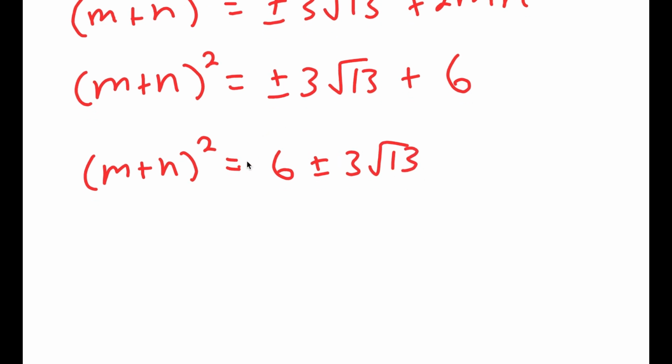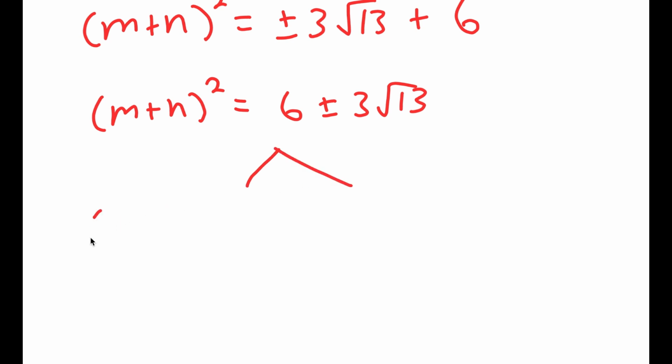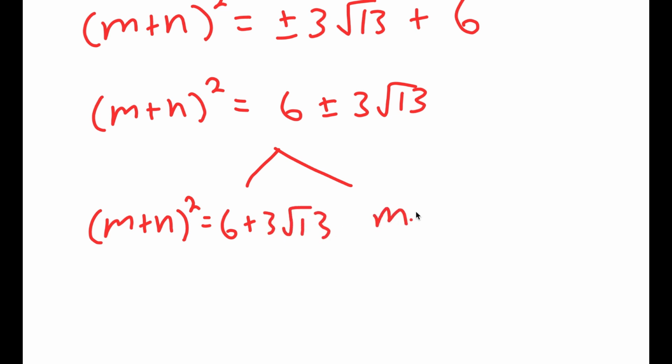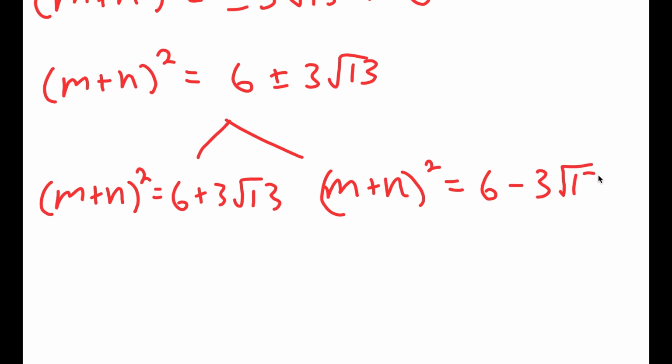And this gives me two equations. I get (m plus n) squared is equal to 6 plus 3 root 13, and (m plus n) squared is equal to 6 minus 3 root 13.